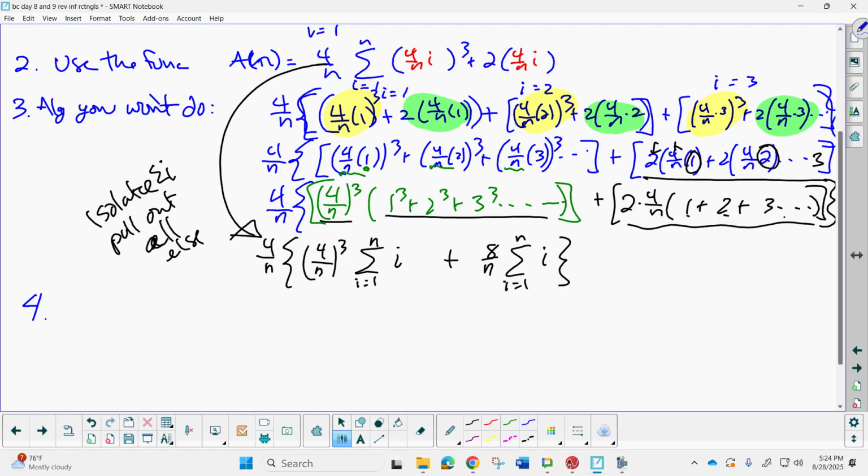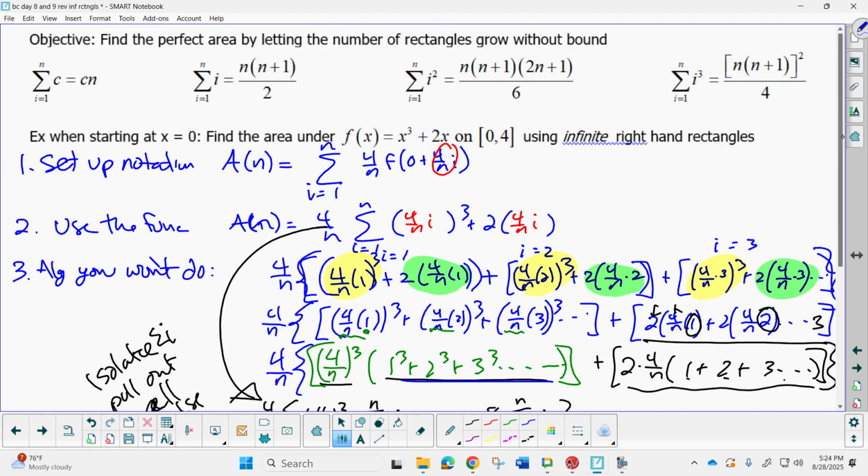Now then, great. So what does this equal? 1 cubed plus 2 cubed plus 3 cubed? Well, it will kind of depend on what you went through. It could be lots of different things, but there is a formula. Look at the top of the page. There's formulas for sum of cubes and sum of i's.